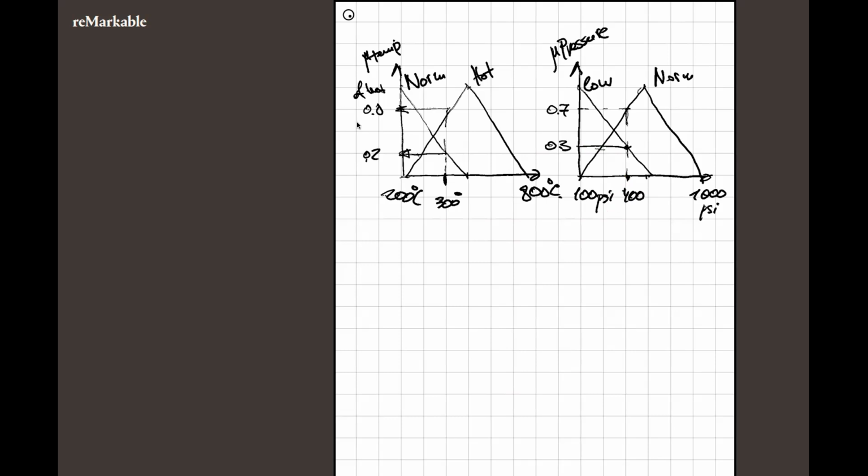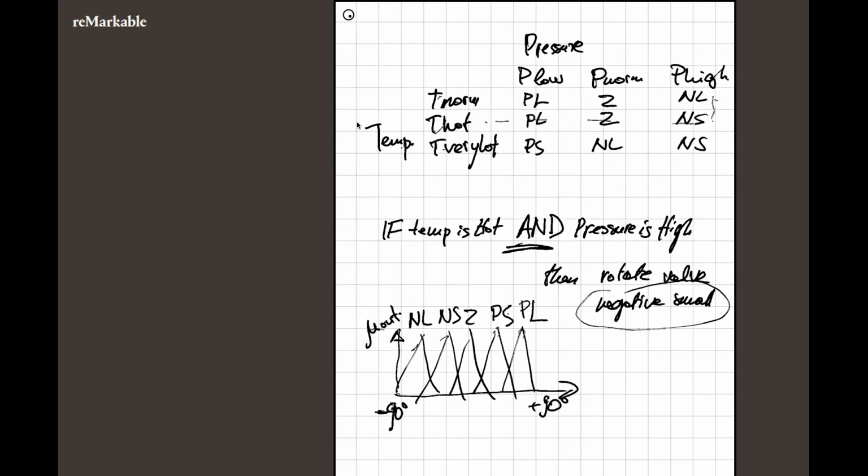So now what do we see here? We have different alternatives. This fuzzification gives us different outcomes of different instances of the fuzzy set, and it means different rules will be activated.